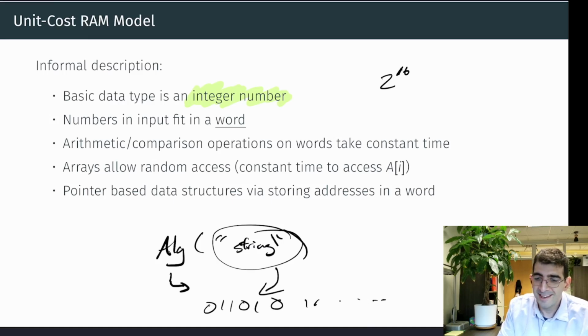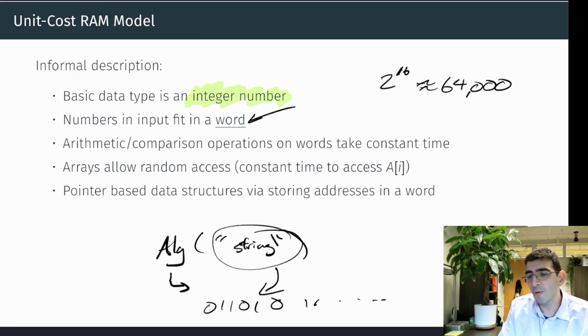Okay, so this would be, I want to say, roughly 64,000-ish, right? So if you're working with large numbers, let's say you're working with financial data, or Elon Musk's net worth, you would exceed the size of the word immediately in 16-bit machines.